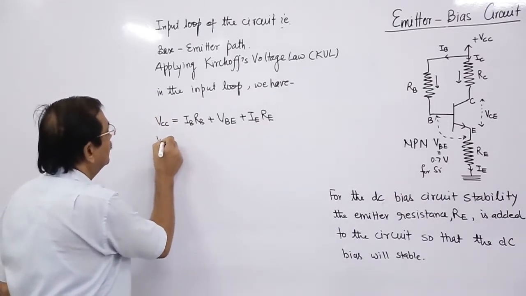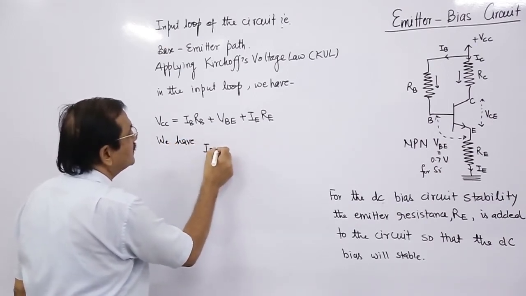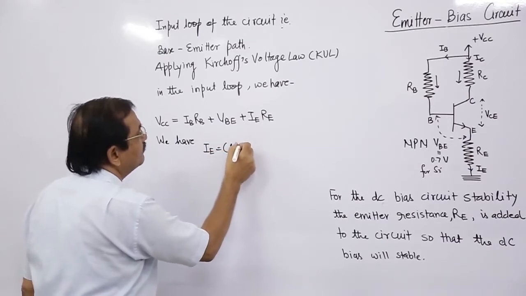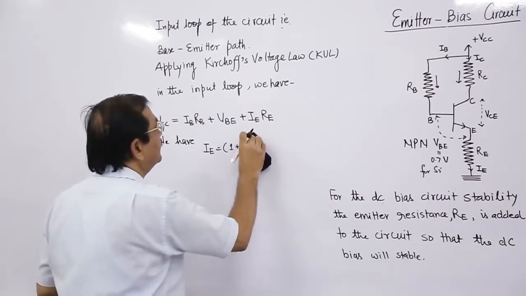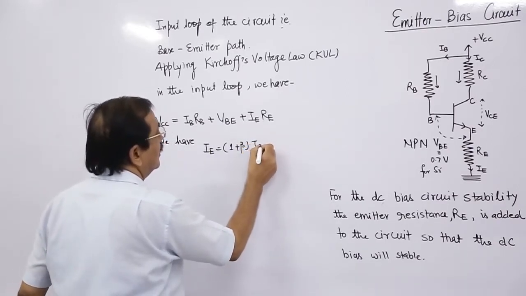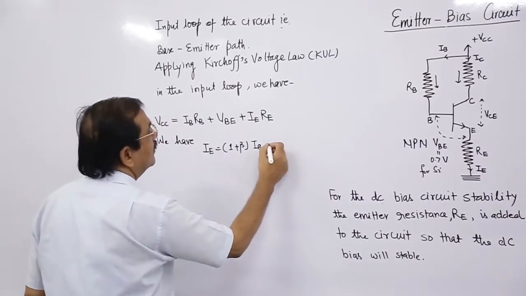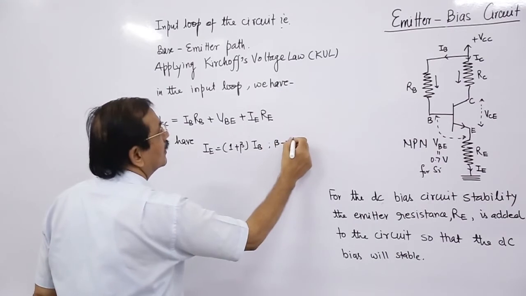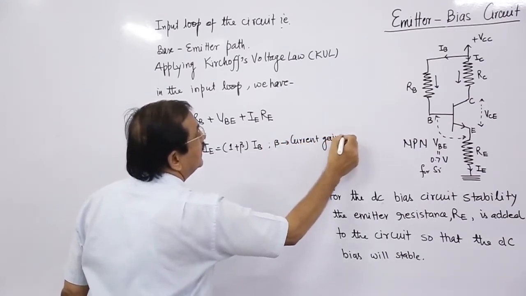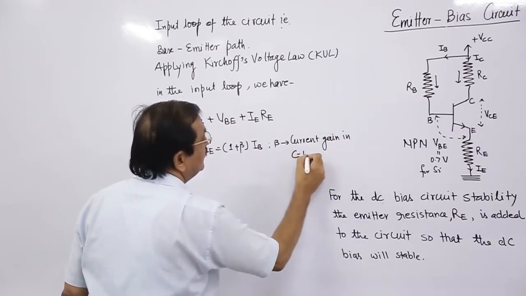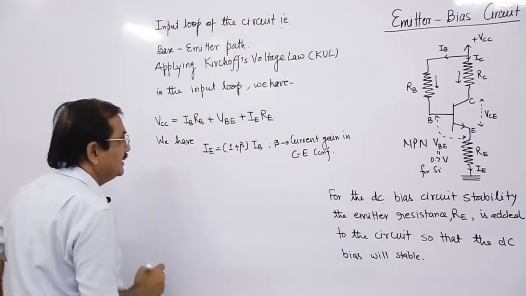We have IE equal to (1 plus beta) IB. Beta is the current gain in CE configuration.